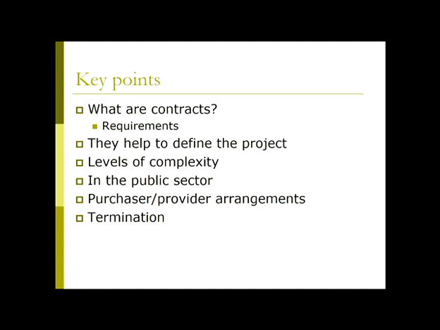Thinking about different levels of complexity, through simple ones, through moderately complex where you've got a standard format for your contract, through to a unique big project with a unique contract that has to be written just for that project. Thinking about how contracts within the public sector are interrelated and also connect with the private sector, purchaser provider arrangements, and also ways that contracts are terminated.